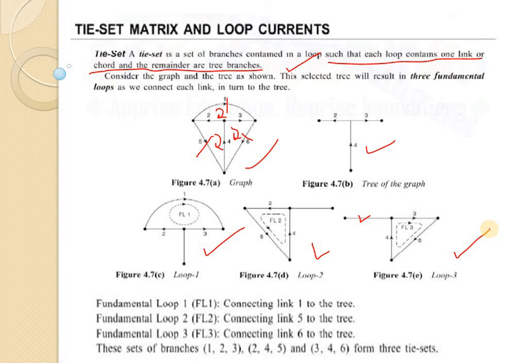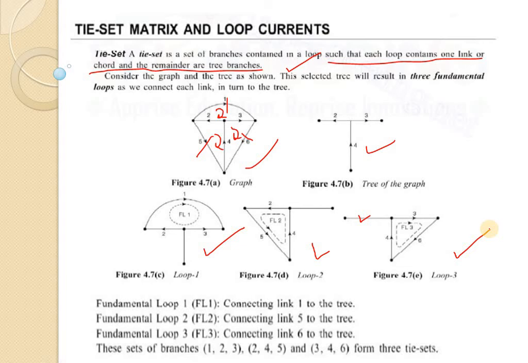So fundamental loop 1 is basically connecting link 1 to the tree. The next fundamental loop connects link 5 to the tree. The third fundamental loop is connecting link 6 to the tree.